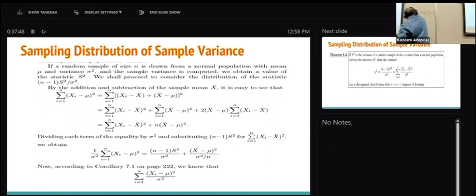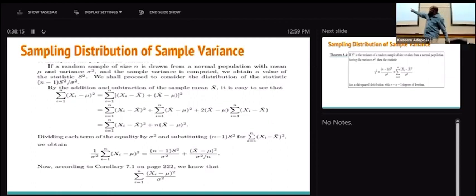X bar is a constant. Mu is a constant. So this guy is going to turn to n. So I'm going to have summation (xi minus x bar) all squared, I start from 1 to n, plus n times (x bar minus mu) squared. This is what I have. Take a look at that.